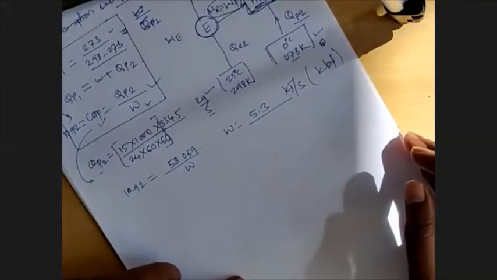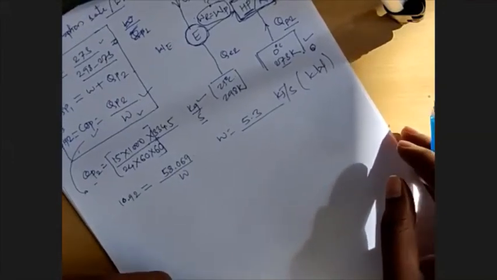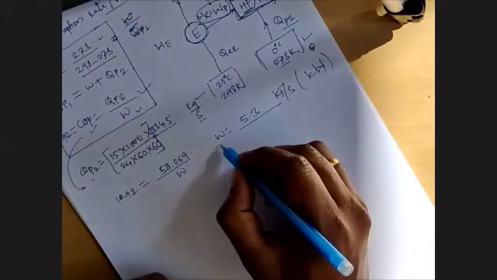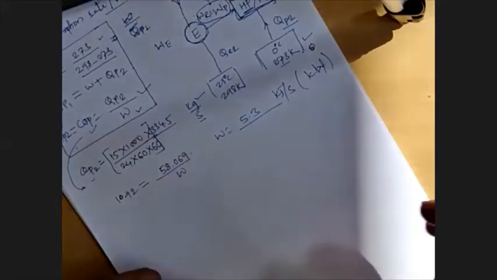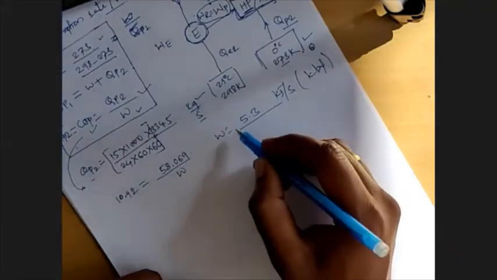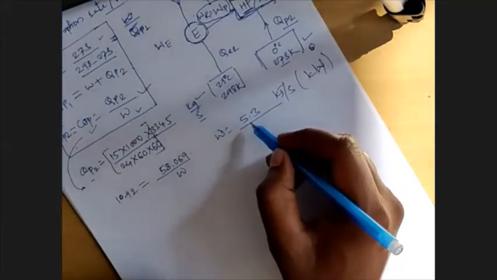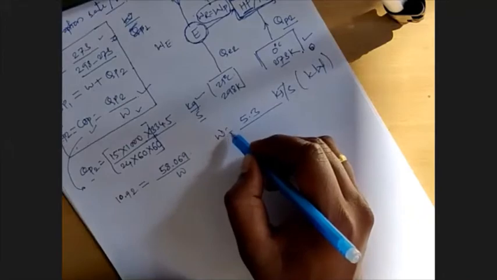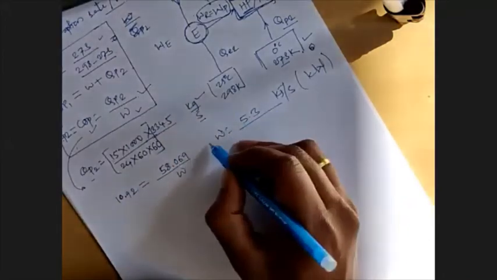That's what I have got. So now we have got the first answer. They asked us to calculate the power developed by the engine. We calculated the power required by the heat pump, and this is nothing but the power developed by the engine also. So this is the first answer.